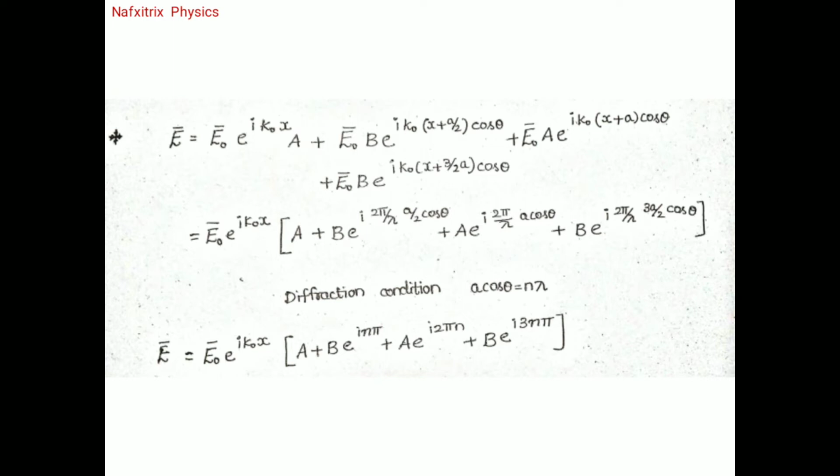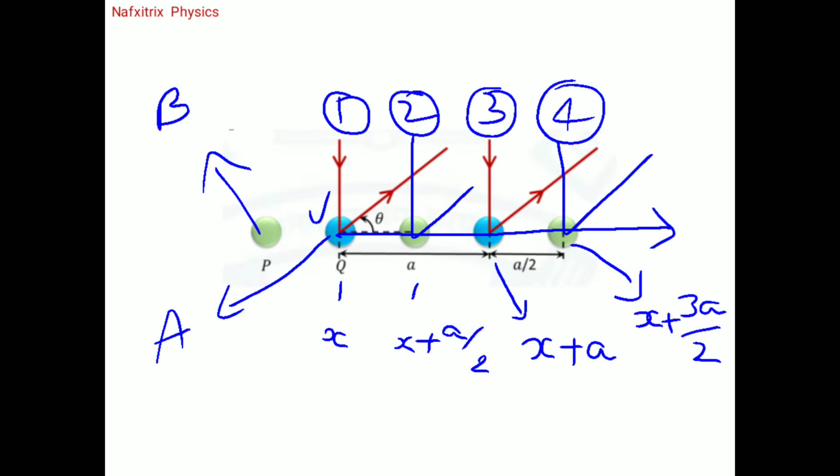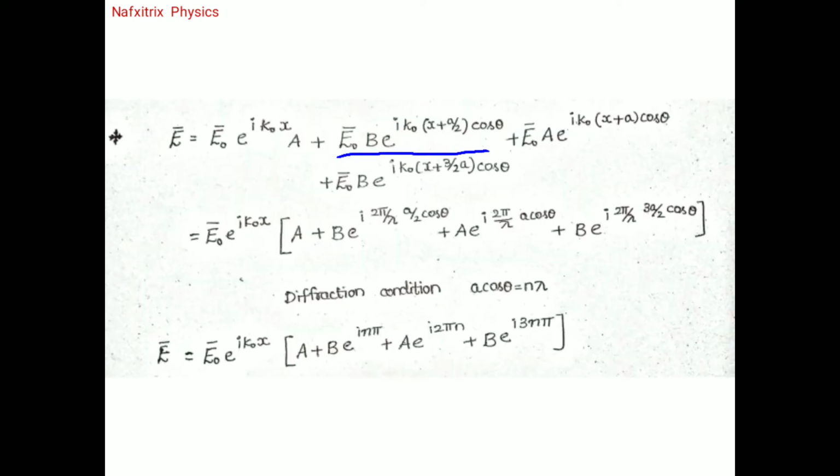Next to that is this, E naught into B. So E naught, the scattering produced by the next atom, that is B, e power i k dot r. Actually the formula is e power i k dot r. How can we write this k dot r?